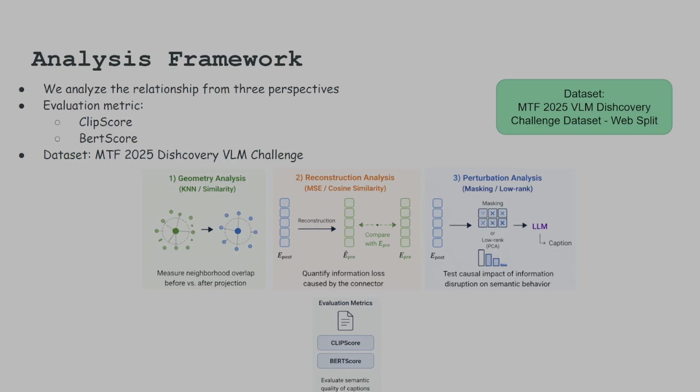Second, we're still using the reconstruction models to do an analysis, but the difference is that I will do this with the CLIP score and BERT score in the semantic part. And third, we are doing the projection analysis, which means that we are doing masking and low-rank reduction on our post vector to see if this kind of distortion will affect the semantic behavior.